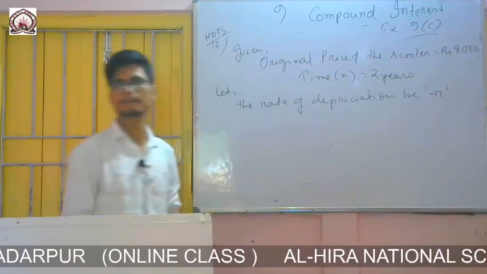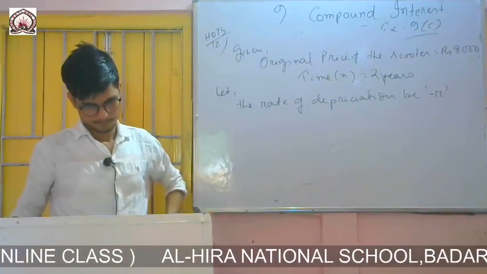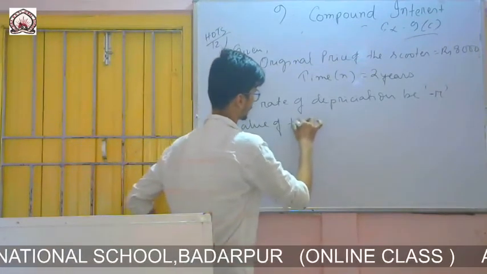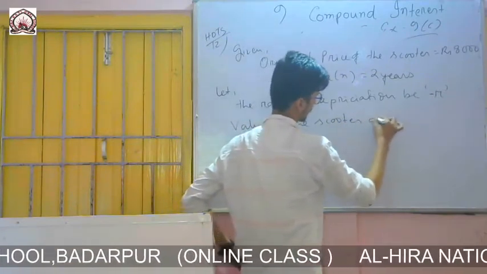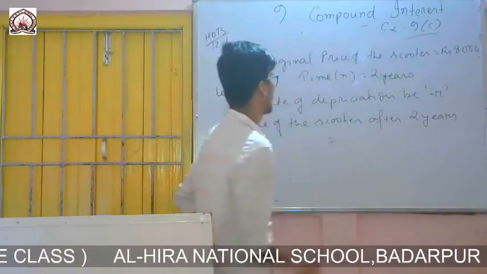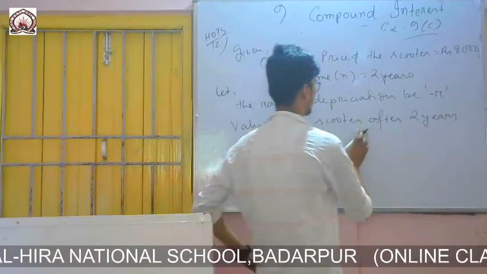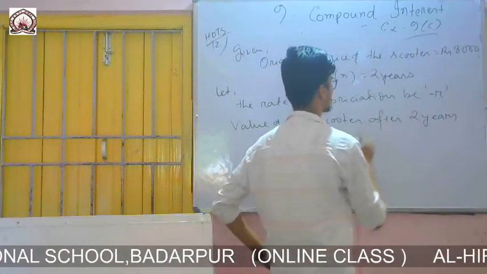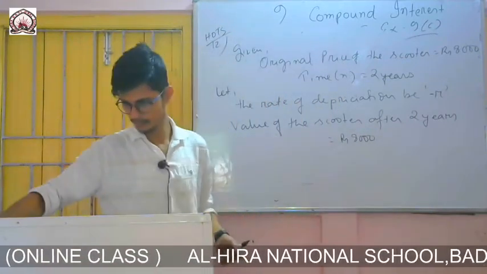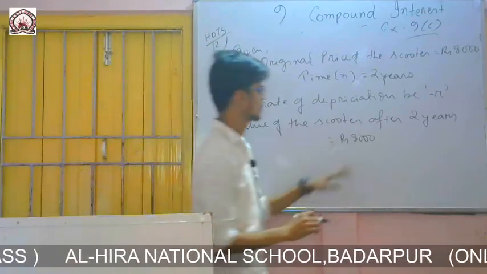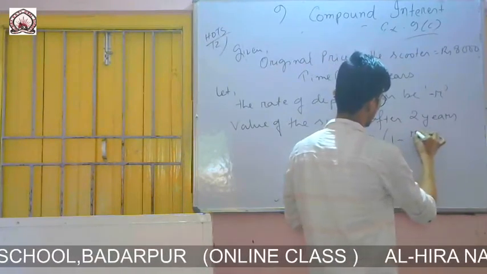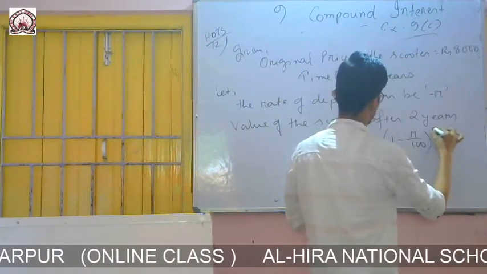So therefore, the question is to find the value of the scooter after 2 years. Therefore value of the scooter after 2 years equals principal rupees 8,000. No need to write the formula, you write directly: minus R by 100 to the power n, that means 2.